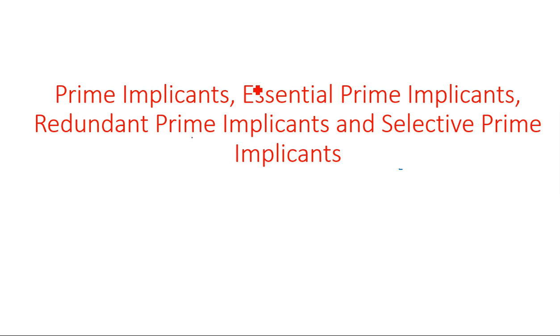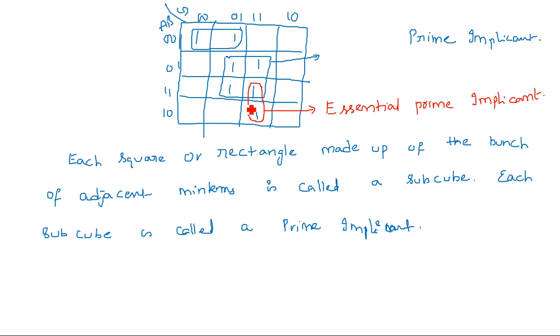So in the heading also I told you prime implicant, essential prime implicant, redundant prime implicant, and selective prime implicant. These are different types of prime implicants, but origin of all these prime implicants is nothing but main prime implicant. Okay, first everything is a prime implicant, later depends on the adjacent ones, we call it as an essential prime implicant or redundant prime implicant or selective prime implicant.